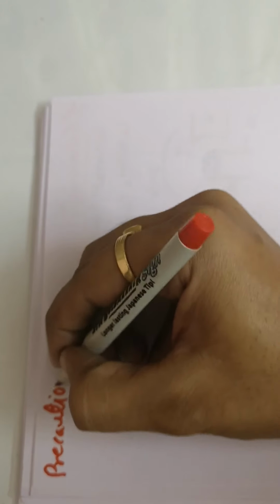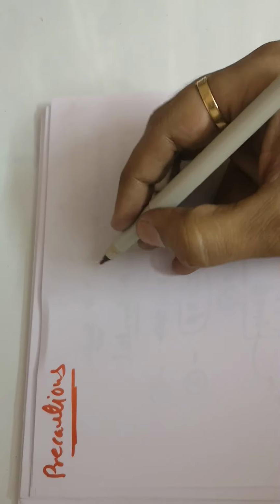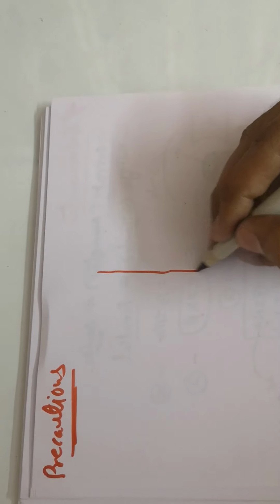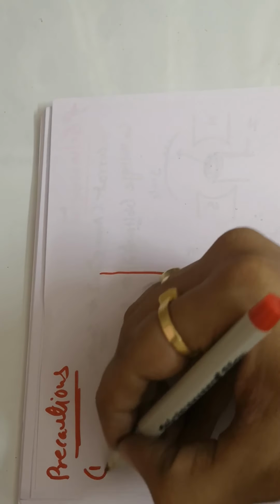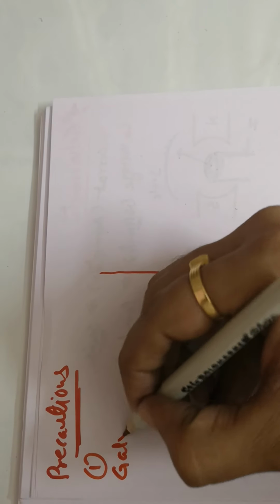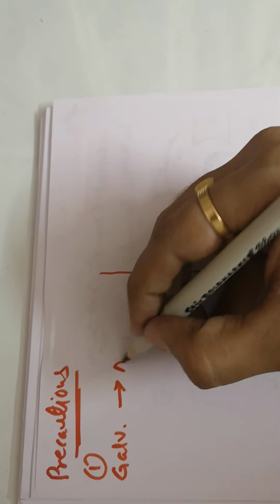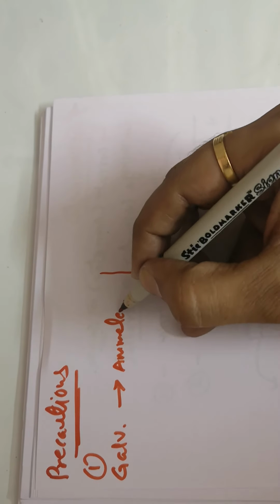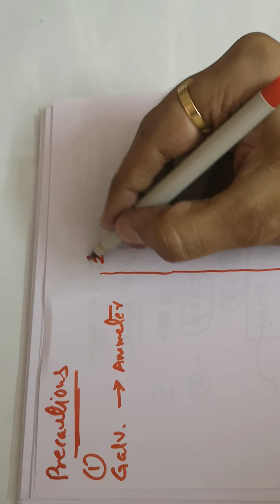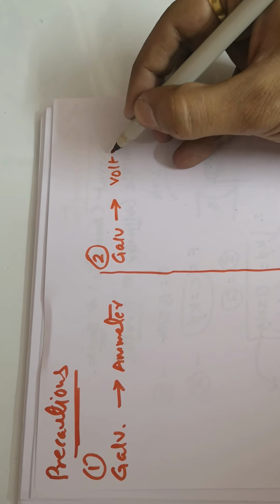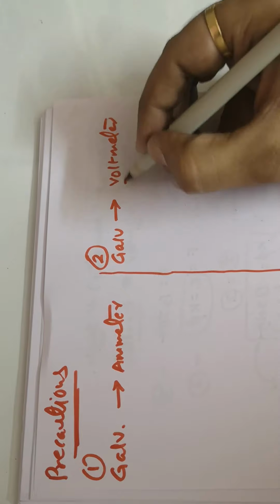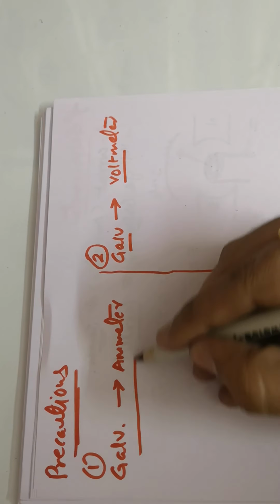There are some precautions. So first of all, galvanometer being used as an ammeter, and next, galvanometer being used as a voltmeter. So these are the primitive rules we have to follow.